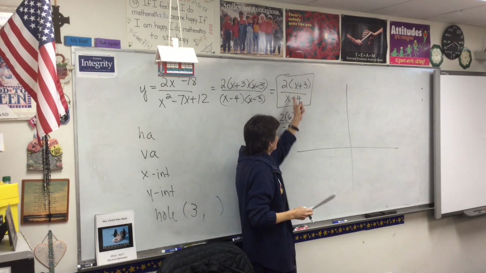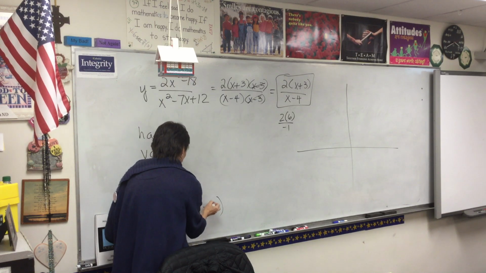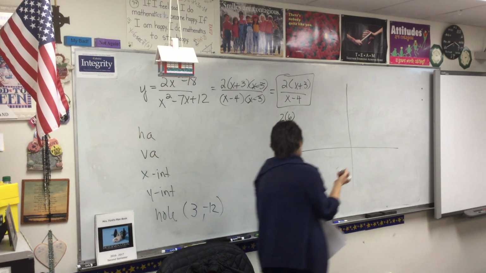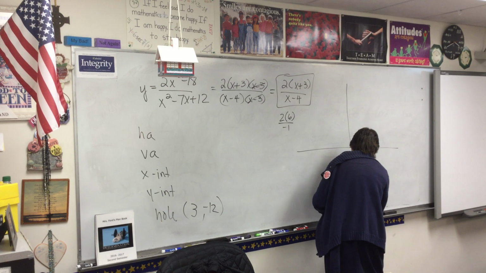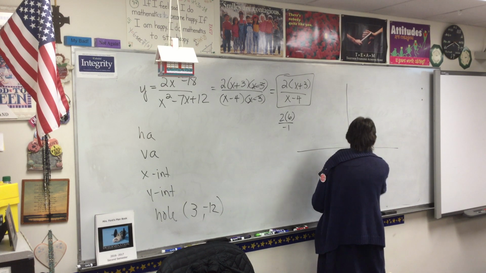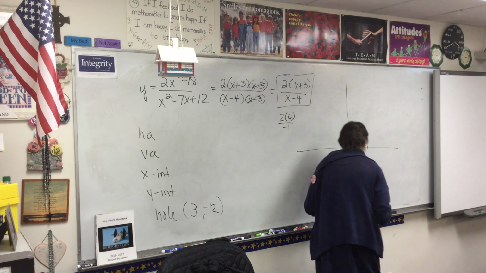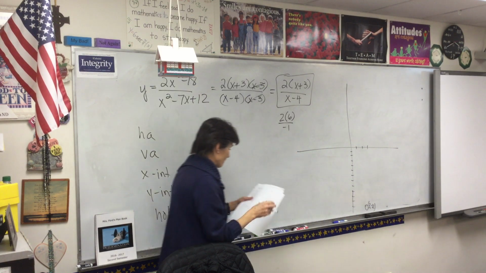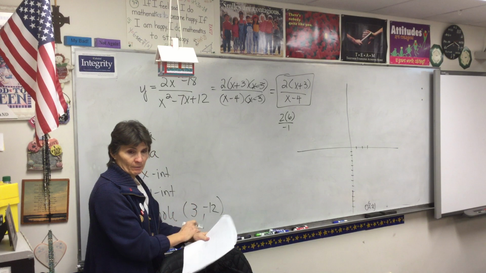I'm putting in 3. So that's -12 over 3. So I've got a hole clear down here.